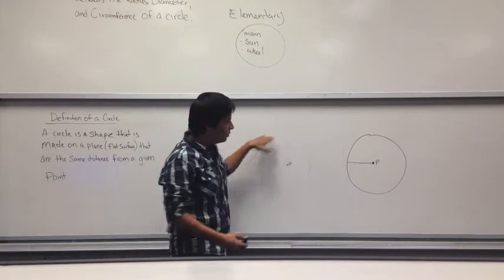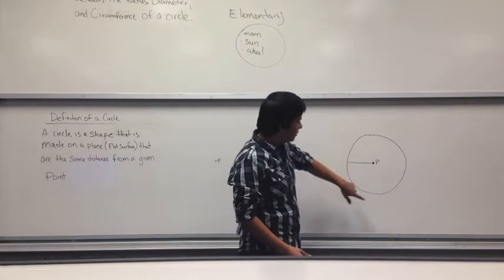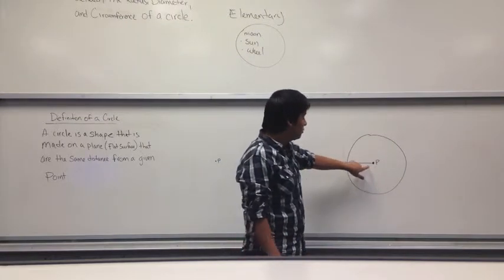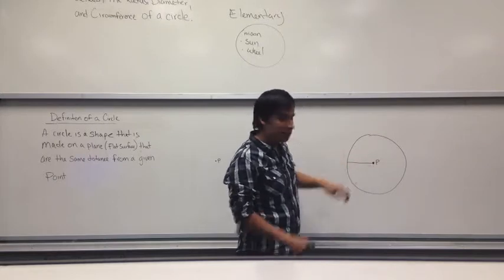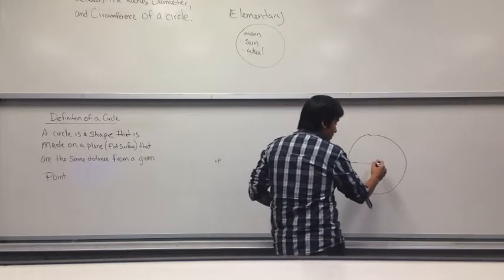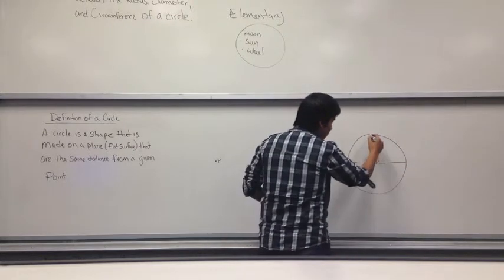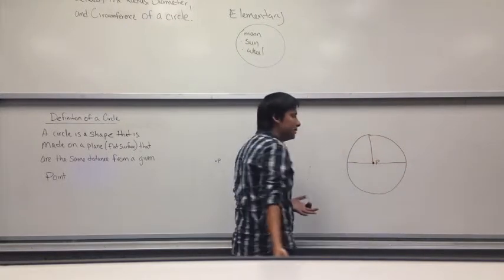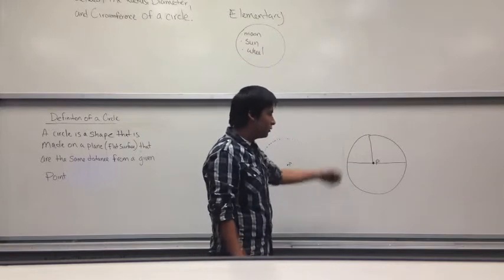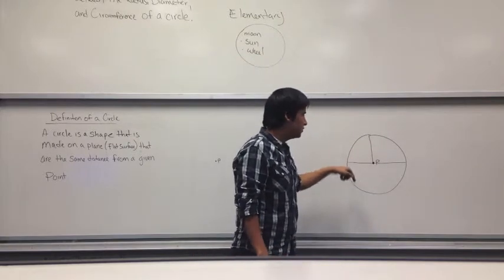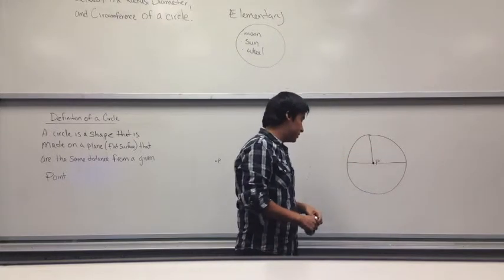If we connect the points, we have the circle with P as the center. From here to here is the same distance. If I draw a line the other way around, it's the same distance. If I draw another line, it's the same distance. All the lines I draw from the center to the edge of the circle are going to be the same.